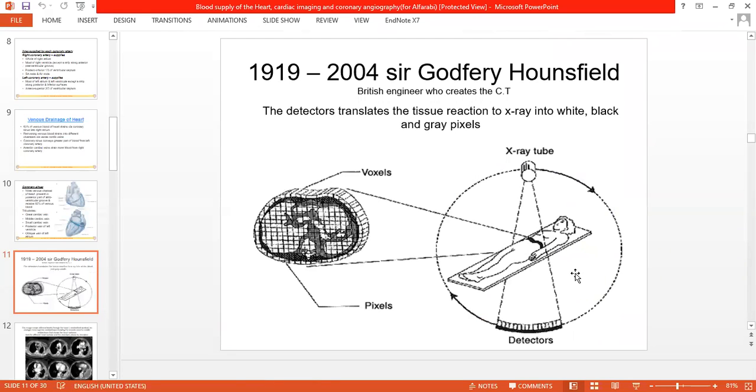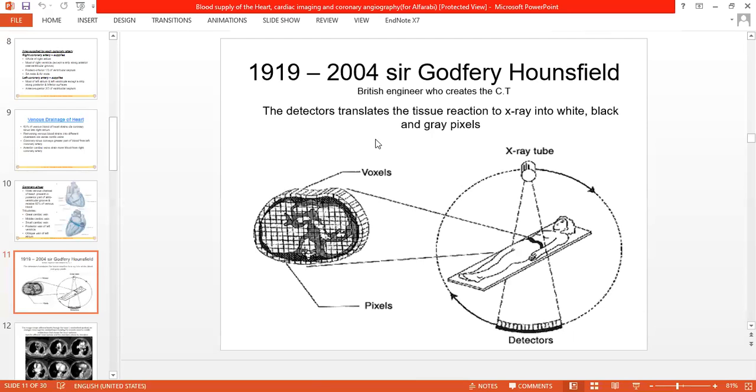Now we'll study how the imaging is done. It was Sir Godfrey Hounsfield who first could do the CT scan. He was the godfather who found the CT scans and the MRIs. He lived from 1919 to 2004.